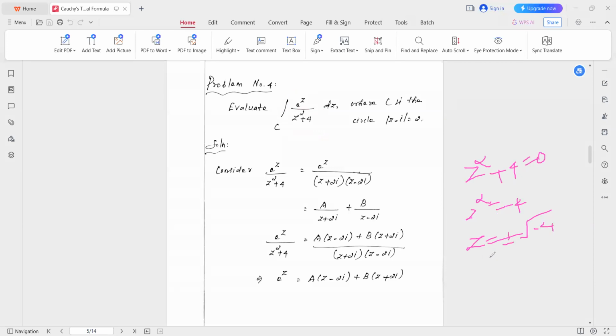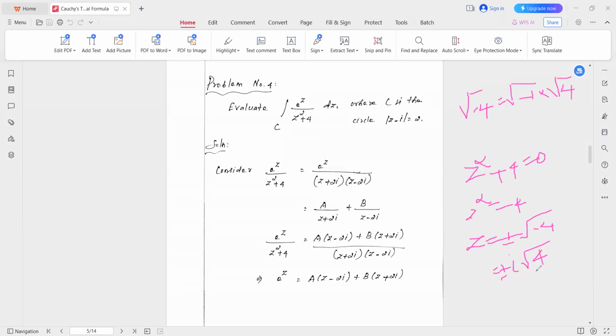Square root of minus 4 can be written as square root of minus 1 into square root of 4.